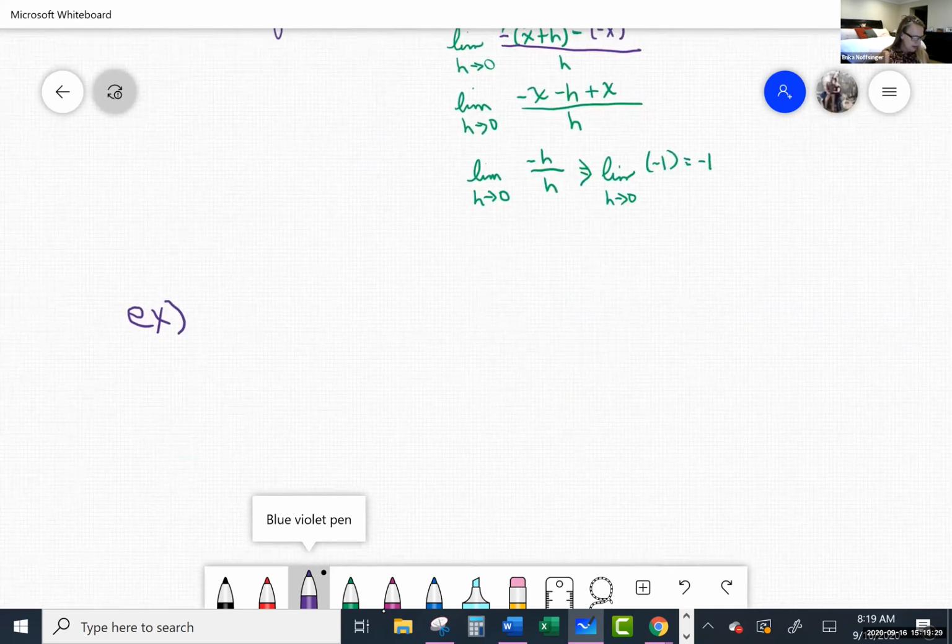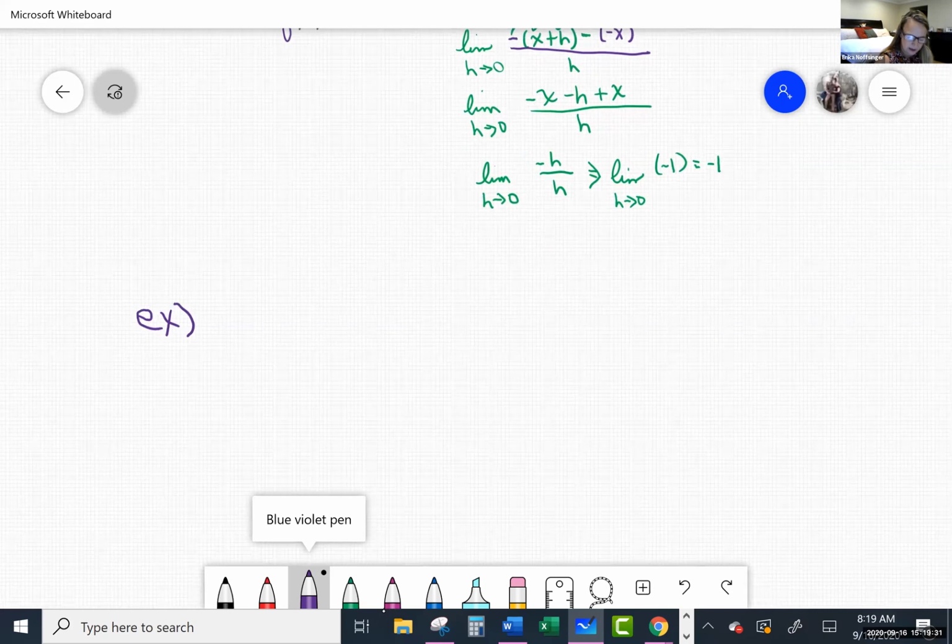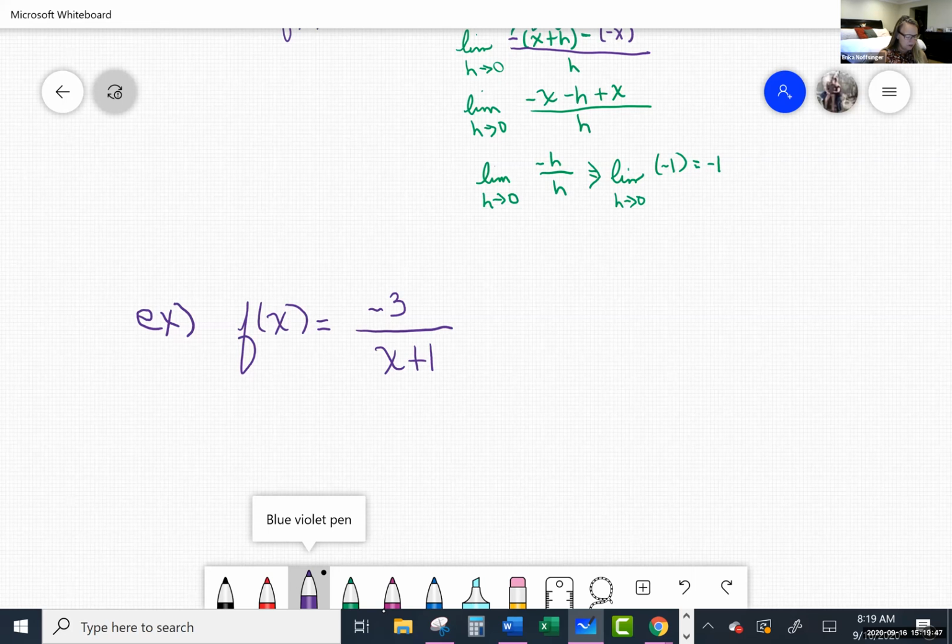So let's say we have f of x is equal to -3 all over x plus 1. So for each function, A, find the equation of the secant line through the point where x is given, and B, find the equation of the tangent line when x has the first point. Okay.